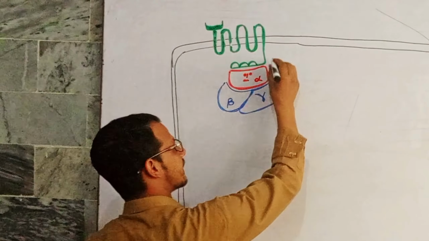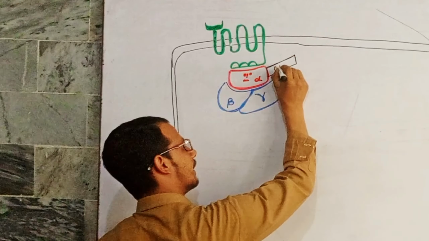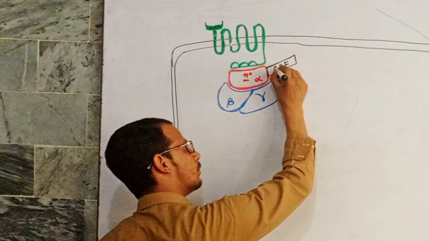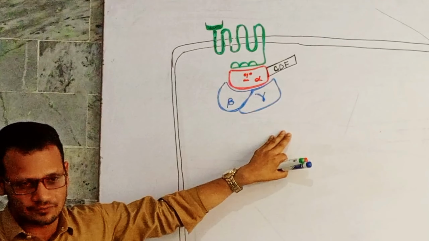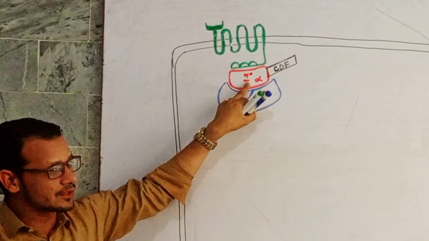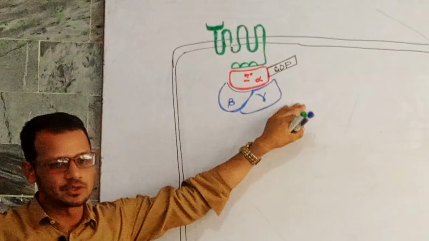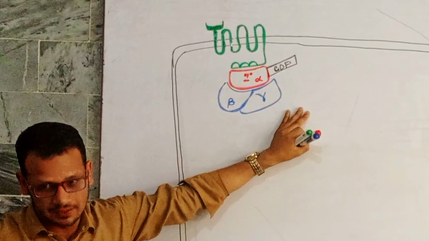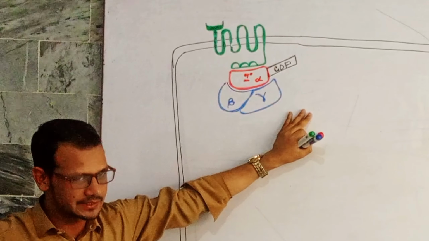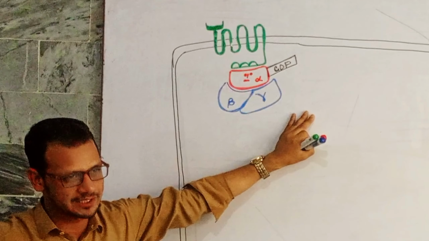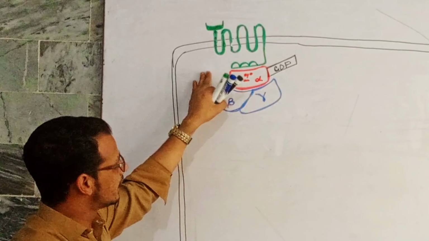And GDP is attached with this alpha unit. And remember, this is very important for your MCQs: in inactivated form, in off form, the alpha unit will be attached to GDP, guanosine diphosphate. In activated form, this GDP will be converted into GTP, guanosine triphosphate. These are two MCQs, right? So this is in inactivated form.